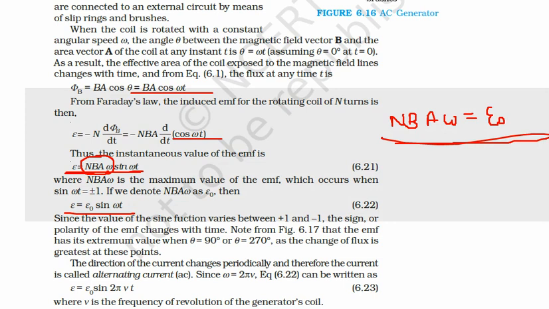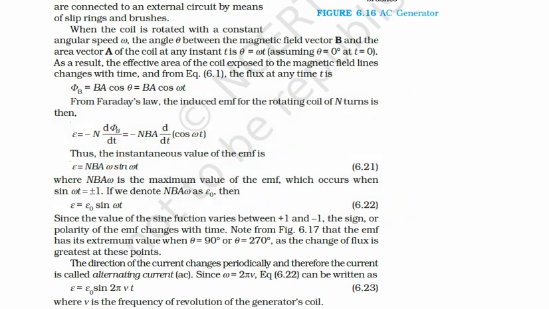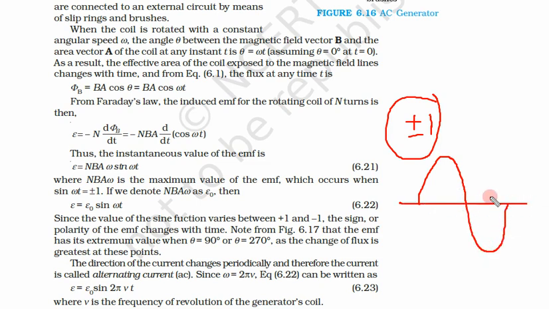Since this is a sine wave, what is the maximum possible value of sine? The maximum and minimum value of sine is plus 1 or minus 1. Plus 1 when this is upside, minus 1 on the other side. So we have taken this as a constant, and this is epsilon 0. So what is the maximum EMF?